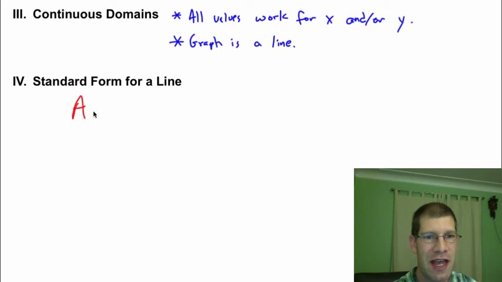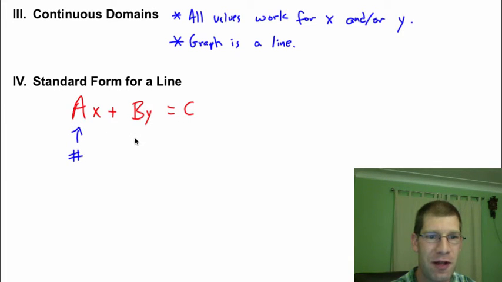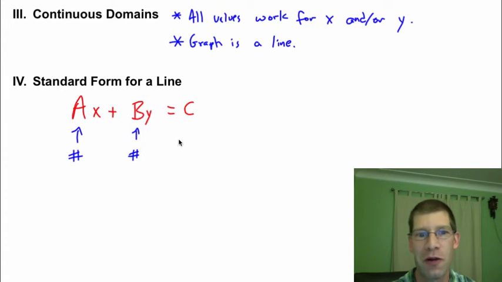So it's ax, so I'm going to write a capital A times x, my variable, plus by equals c. And these are what I pointed out earlier when we were looking at the linear combination stuff. But the point is, we're going to have a number times x, and then we have a number times y. That would be the x coefficient and the y coefficient.